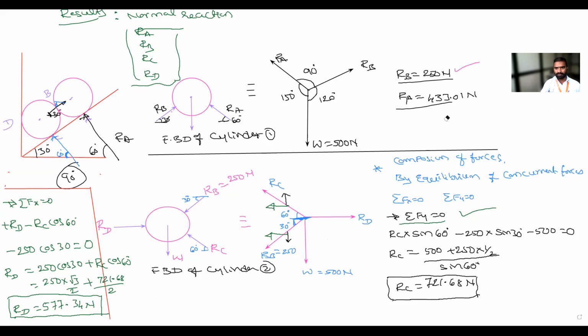First, this much RA and RB you have written in the last class. Now consider the free body diagram of cylinder 2. Draw this diagram and first write the sigma Fy and next sigma Fx.